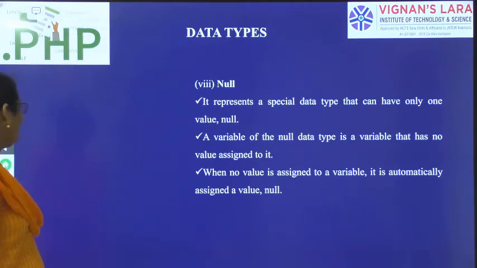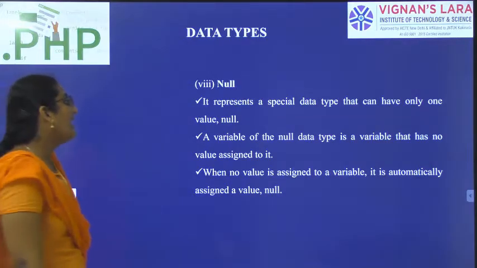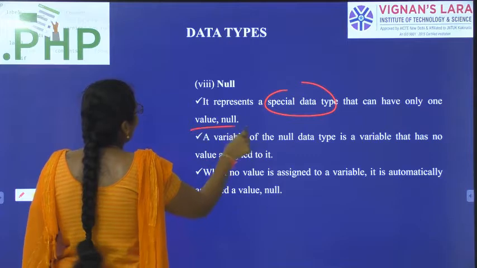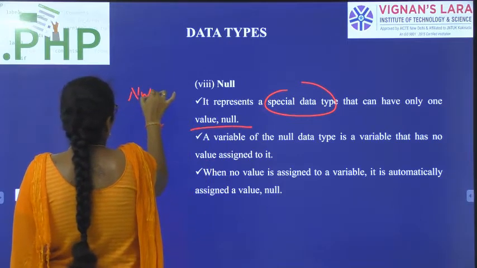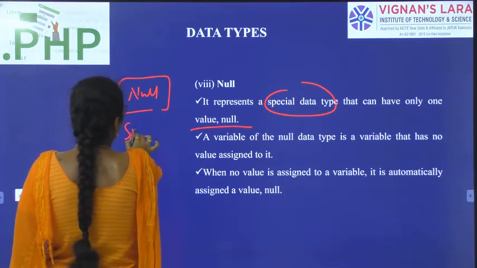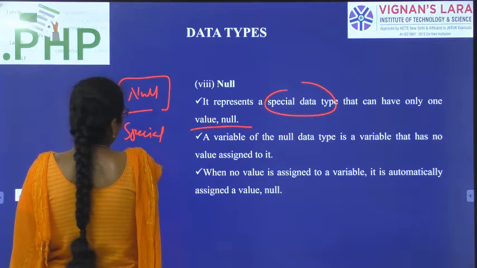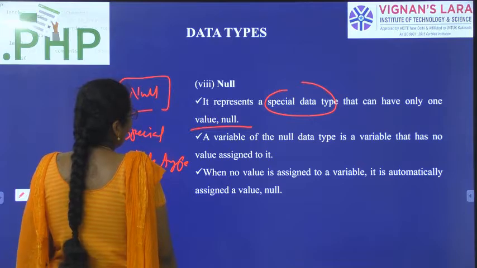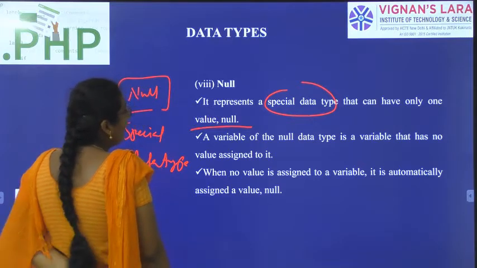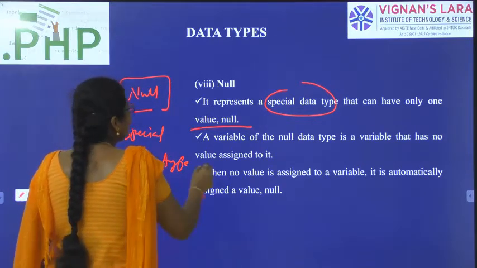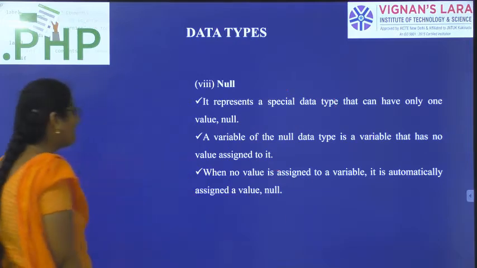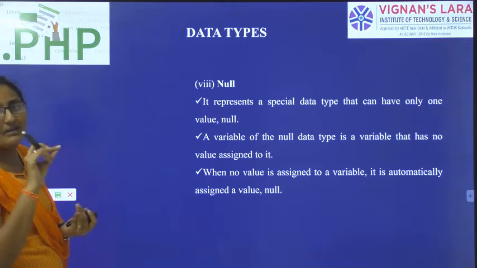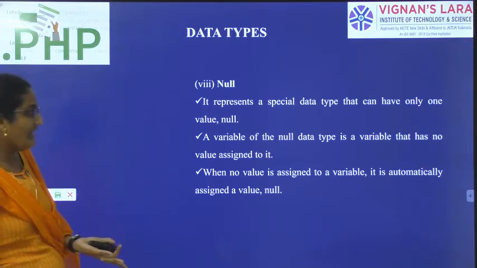And the last one, null. Null is a special data type that can have only one value, null. A variable of null data type is a variable that has no value assigned to it.